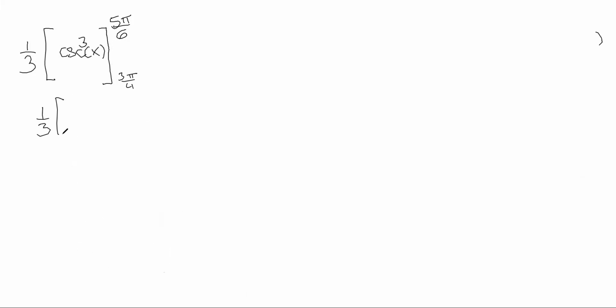So we want to plug in the top endpoint into the function. We're going to have cosecant cubed of 5 pi over 6 minus cosecant cubed, not cosine, cosecant cubed, 3 pi over 4.